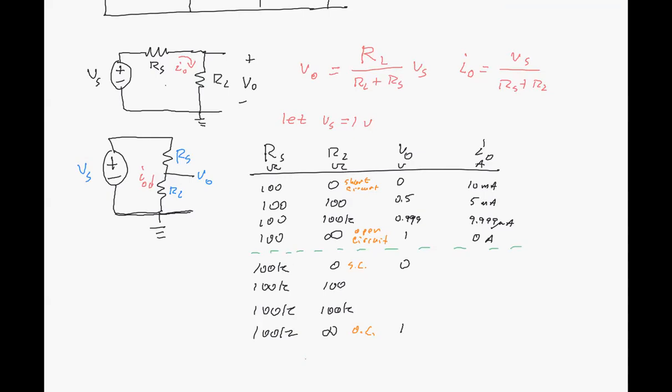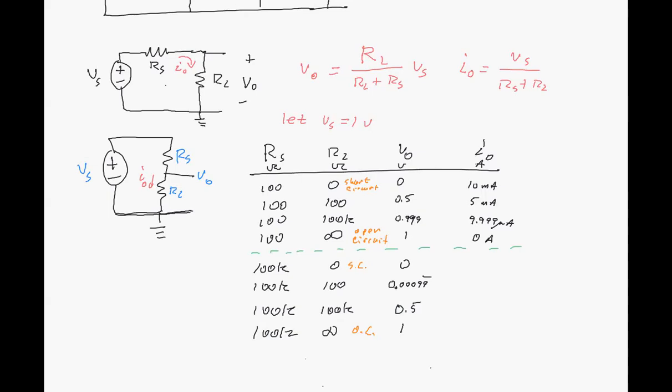And in between, when they're both the same, 100K and 100K, we'll have a half a volt. And for 100 ohms load resistance with a very large source resistance, we'd get 0.00, a very small voltage, very close to 0, really.